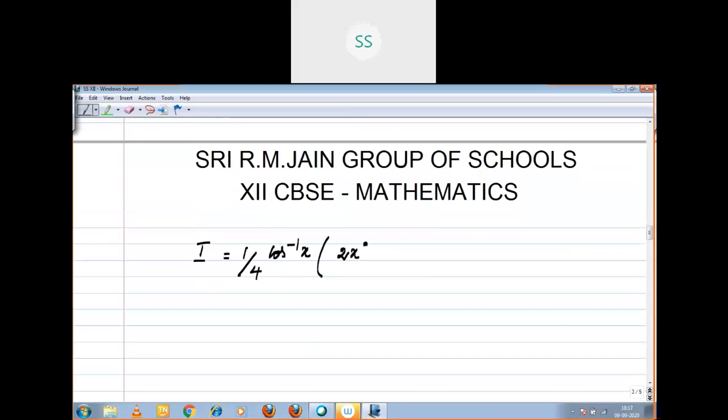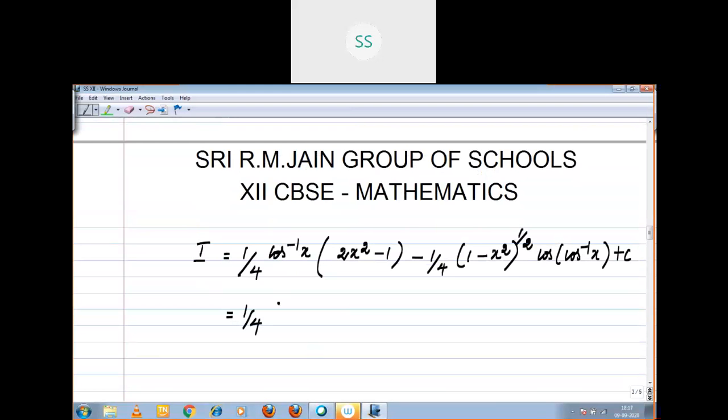So 2x square minus 1, minus 1 by 4 into 1 minus x square, the whole power 1 by 2, into cos of cos inverse x plus c.